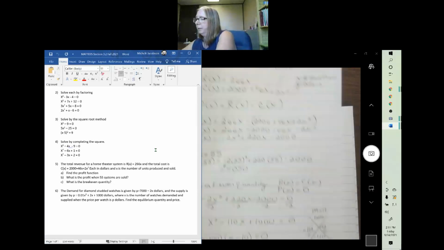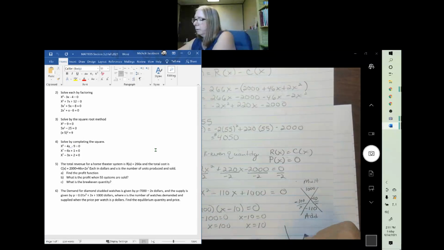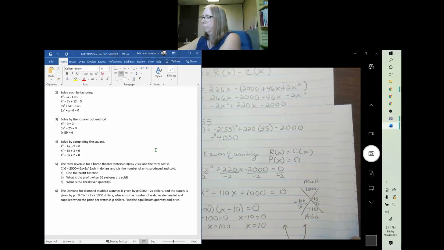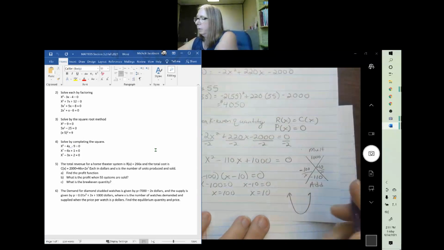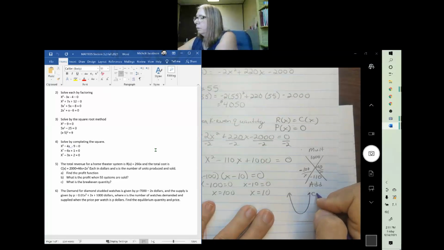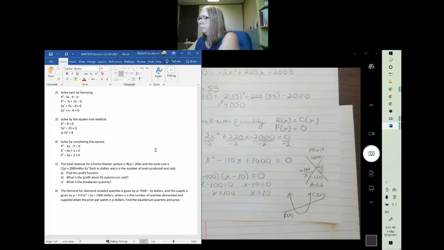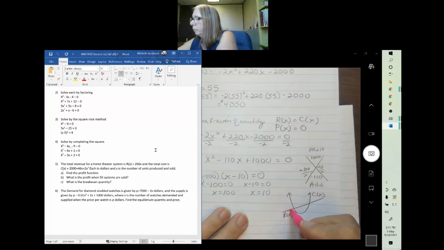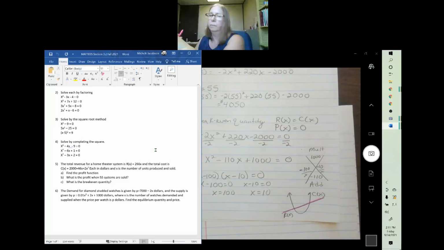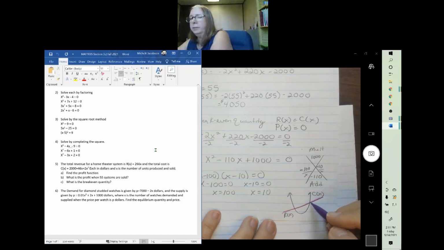So if we looked at it, we have a parabola, and this is our cost, and then we have the revenue cutting through it. Where they intersect, that's the break even.